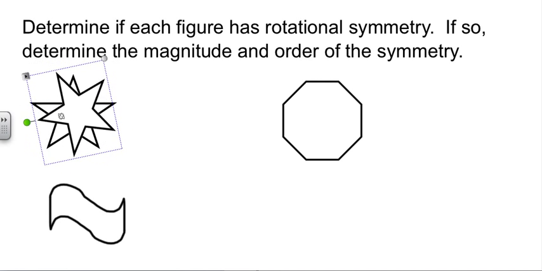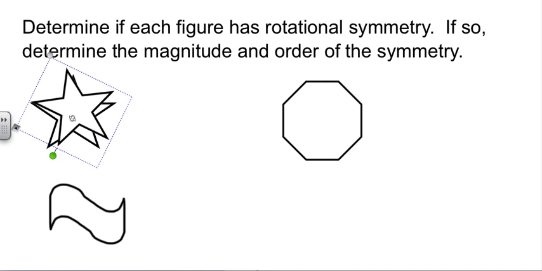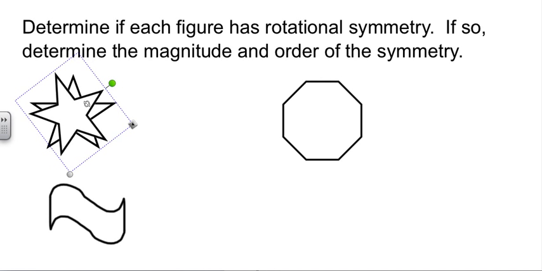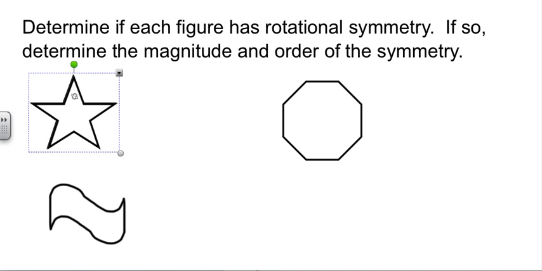Do any of them match exactly? No. Not until I go all the way around. They don't match exactly. So this one doesn't have rotational symmetry. You would have thought it would, but it doesn't quite, because it's not a perfect... had this been a perfectly aligned star, it probably would have.